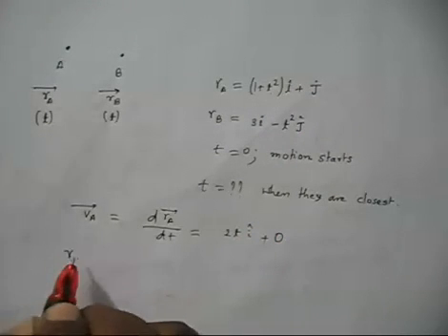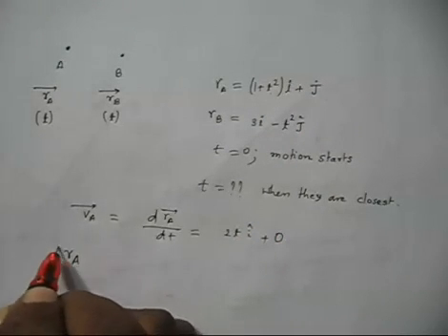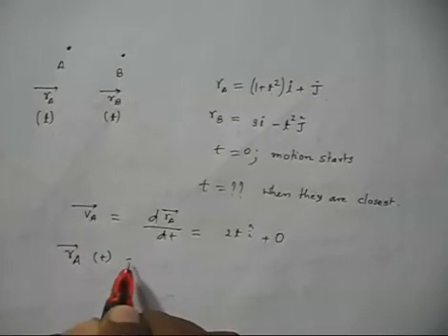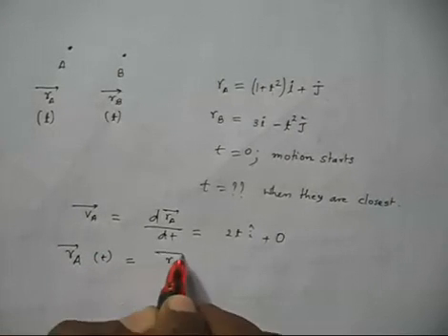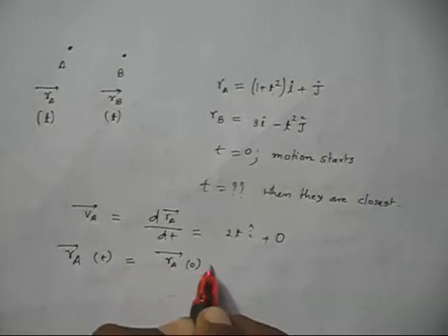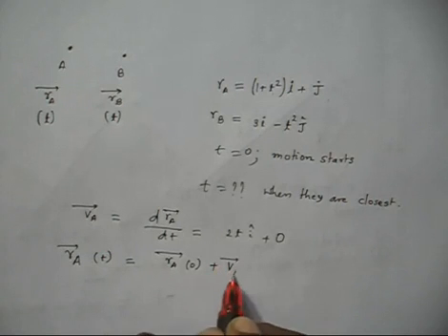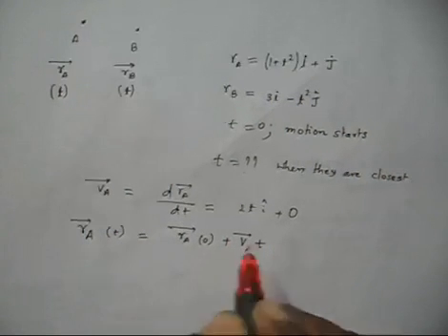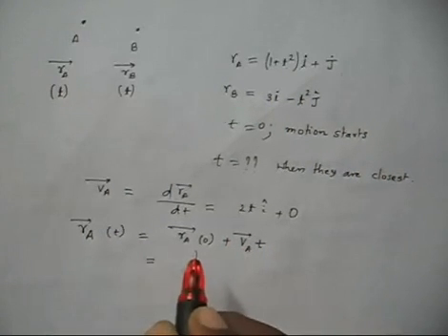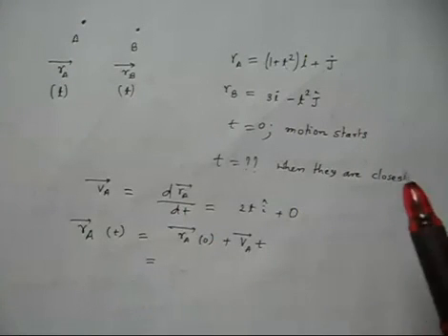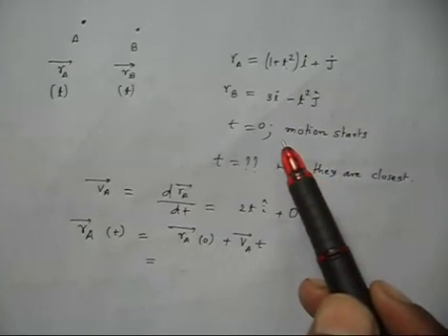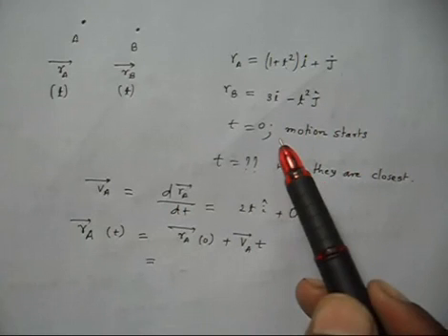So the position vector of A at any time t, I can write as the initial position vector RA at time 0 plus v t. So distance traveled is v into t, the velocity vector of A into time t. So RA0 is given, at t equals to 0. At any time t, we know the position vector.